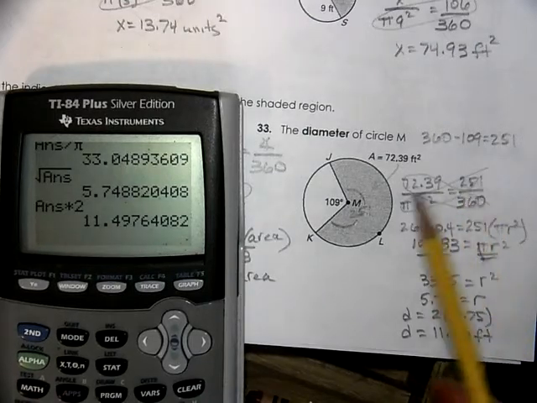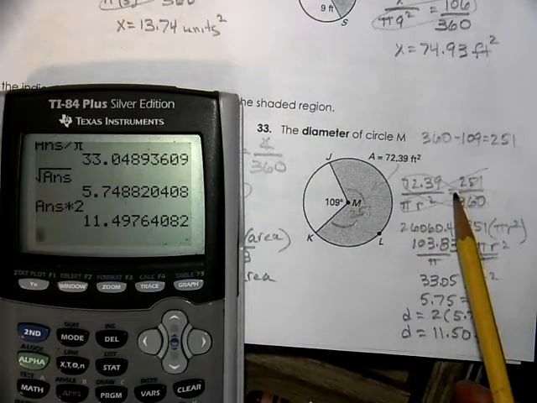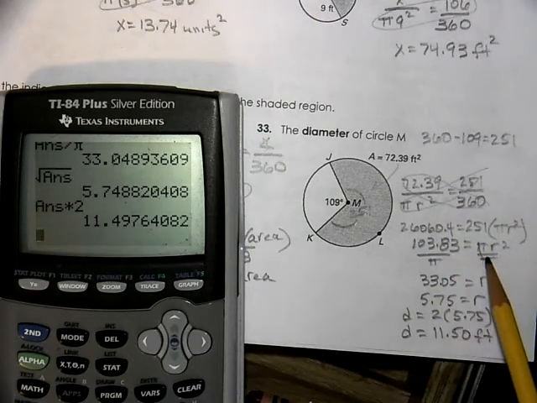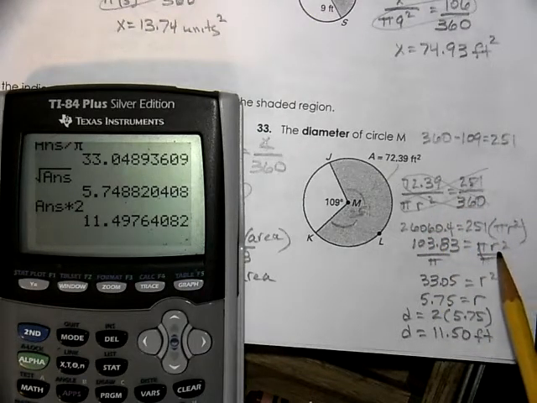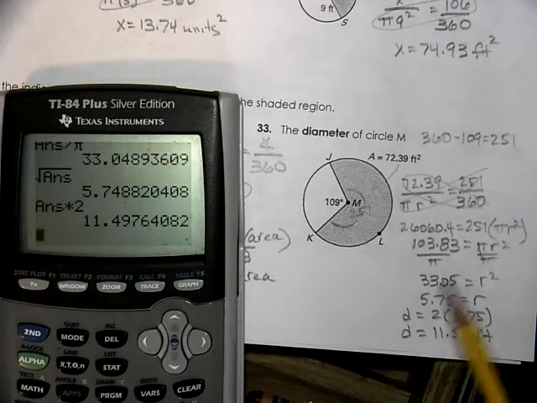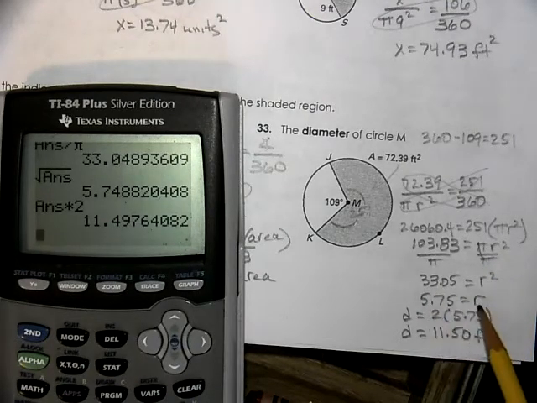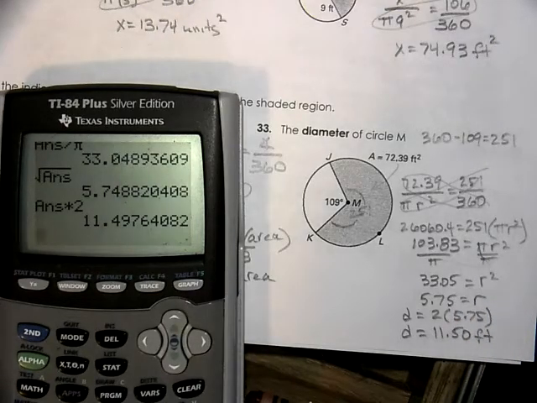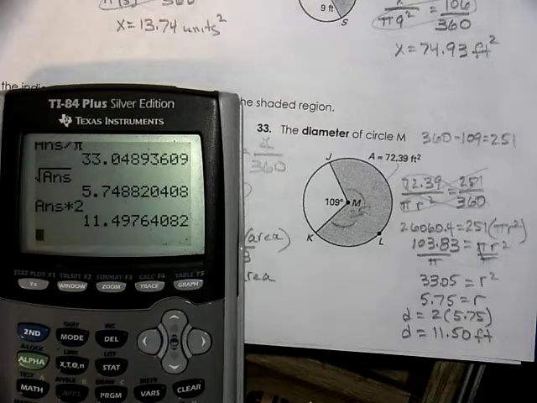We first started with the same proportion. Essentially, we solved for area. And then we took the area and we divided that by pi and took the square root to get the r by itself, so we could then find the diameter. Because diameter is twice the radius.